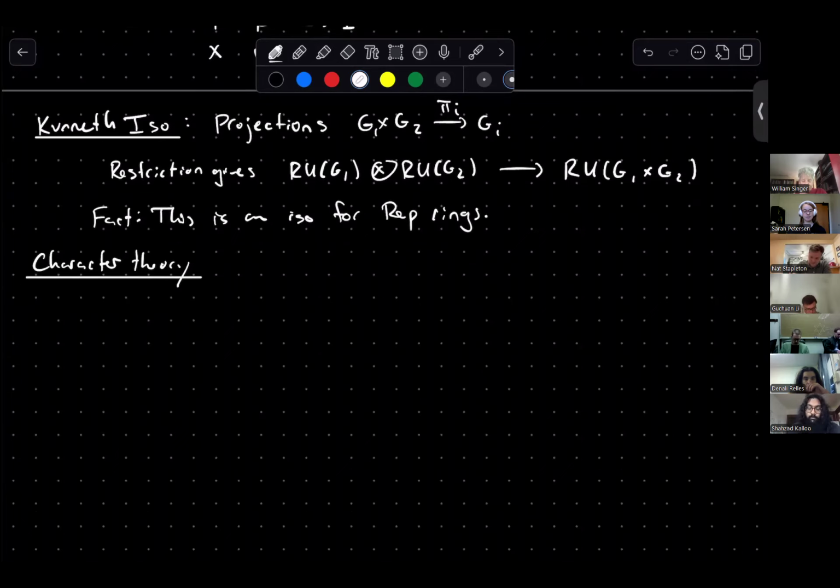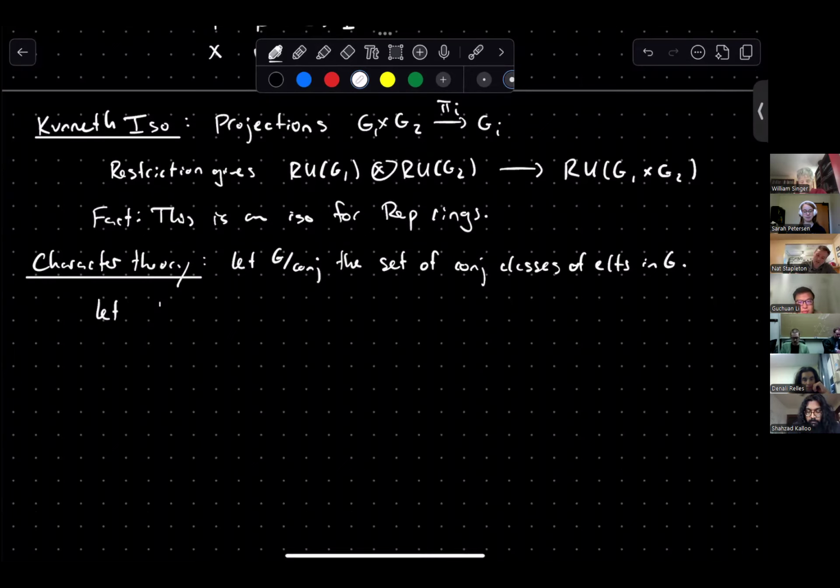Okay, so here's how this goes. We're going to go with the classical route on this. So let G mod conj be the set of conjugacy classes of elements in G. And let Q adjoin mu infinity be Q adjoin all roots of unity, so the rationals adjoin all roots of unity.